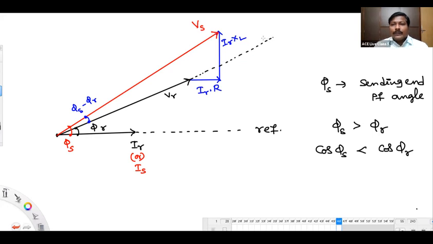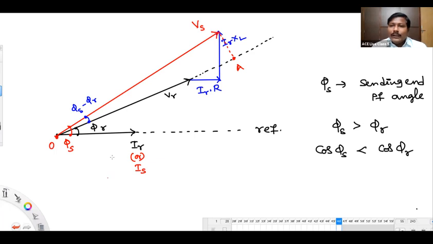Now, simply what you do is, try to take up the VS phasor onto this VR. Then we will go with a comparison. This VS phasor taken onto VR: this is a point O, and this is the point A. OA.